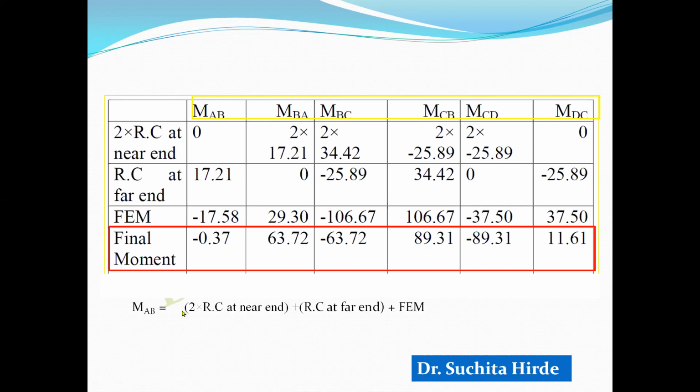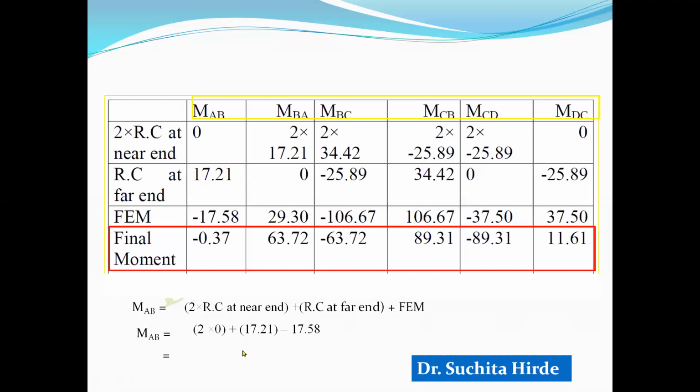Otherwise, you can write the equation like this directly. MAB is equal to 2 times rotation contribution at near end plus rotation contribution at far end plus fixed end moment. So if you write it, what do you get? 2 times 0, rotation contribution at A is 0, plus rotation contribution at far end is 17.21 plus fixed end moment.